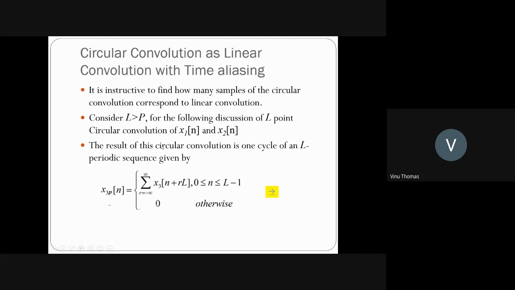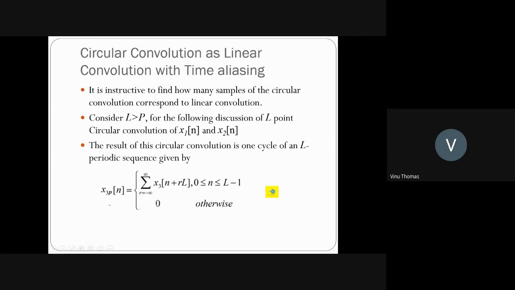We had seen earlier that the circular convolution of 2 sequences is one cycle of the periodic convolution, the L-periodic sequence given by x3p[n] equal to the sum over r from minus infinity to plus infinity of x3[n plus rL], for 0 less than or equal to n less than or equal to L minus 1, and equal to 0 otherwise.